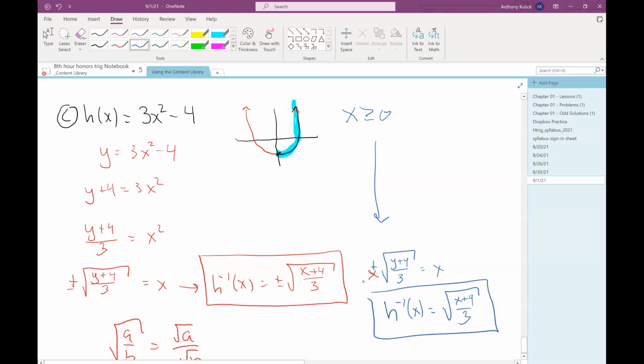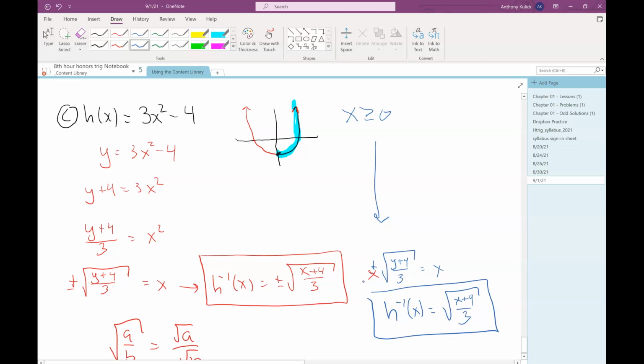Now the question would be, when would I have to do that? When do you care that I don't do that? It's a matter of directions. If the directions just say find the inverse, what we did in the red is fine. If I ask to find the inverse function, then we would have to restrict the domain and make sure that what we end up with is a function.